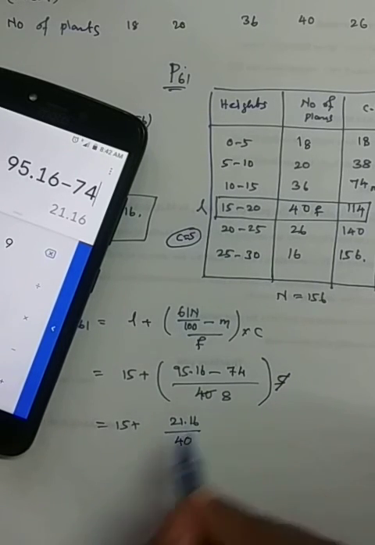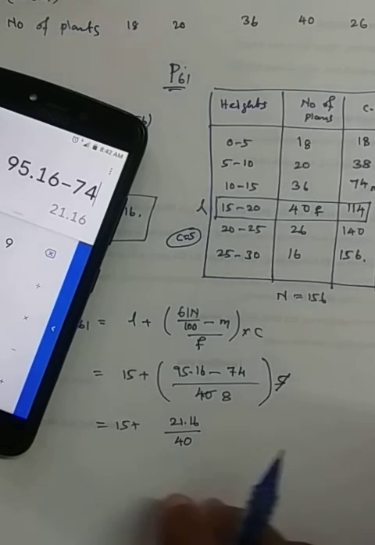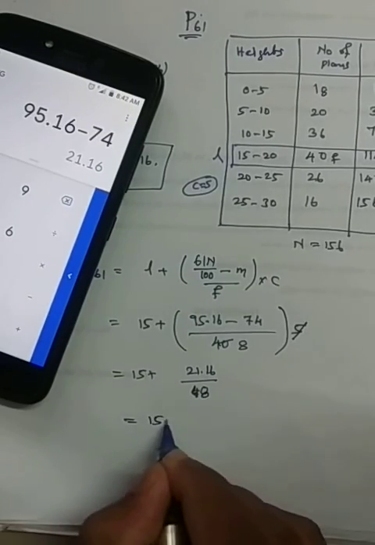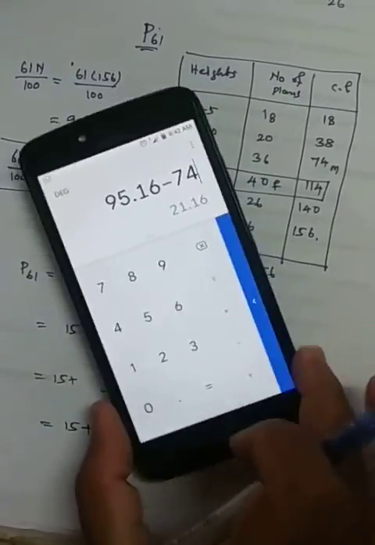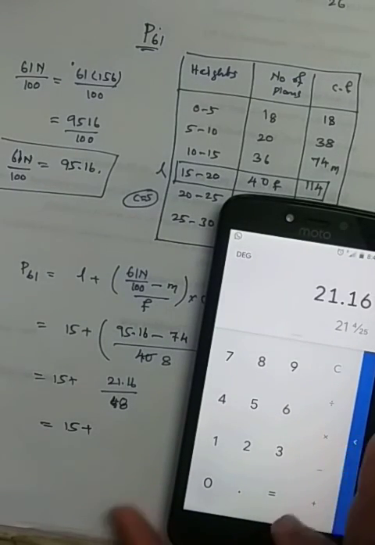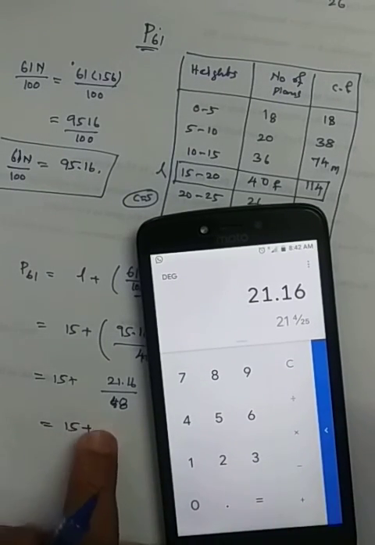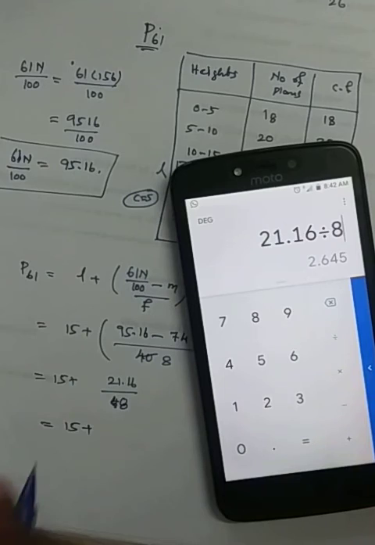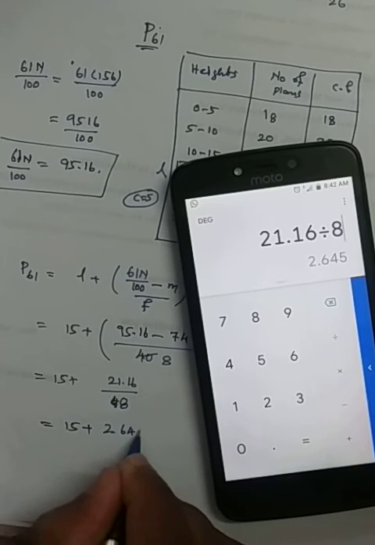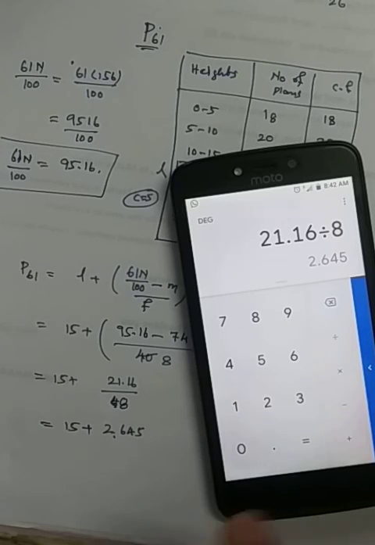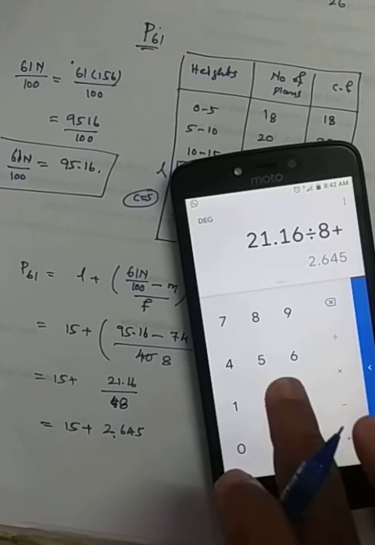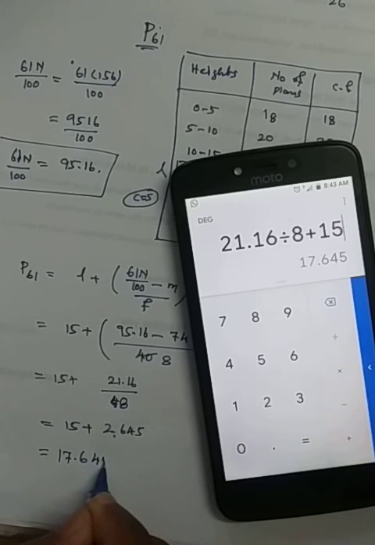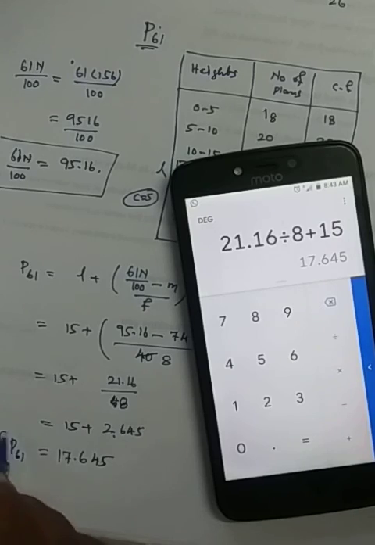You can cancel: 5 ones are 5, 8s are 40. So instead of 40 you can take 8. 21.16 divided by 8 is 2.645. Plus 15 gives 17.645. That is your P61.